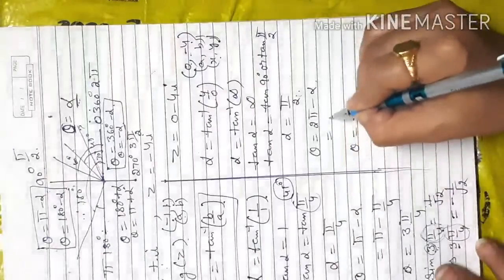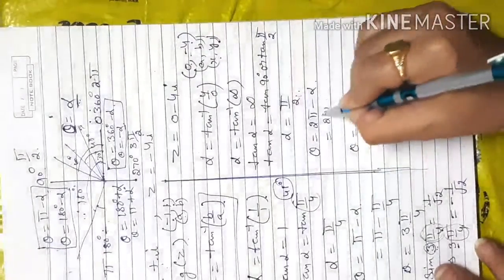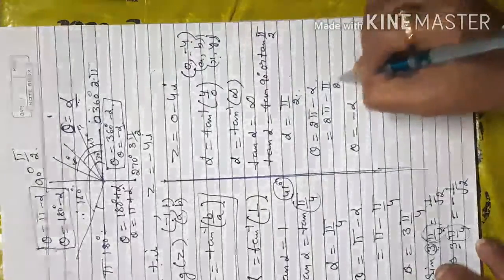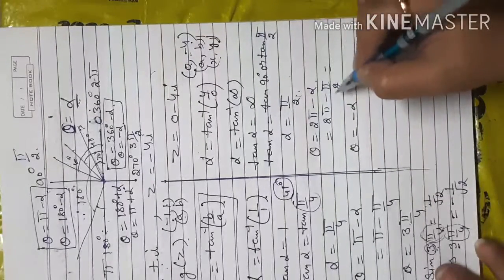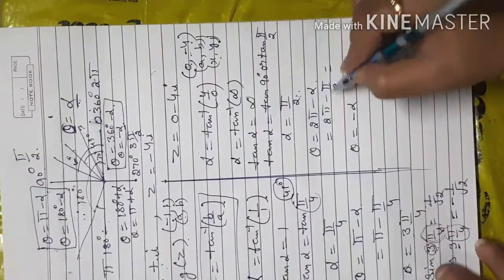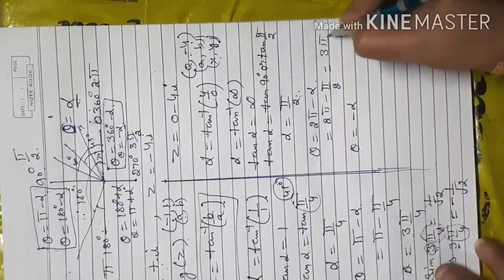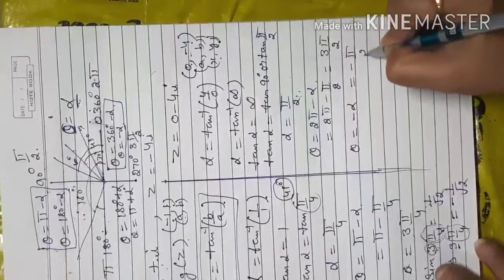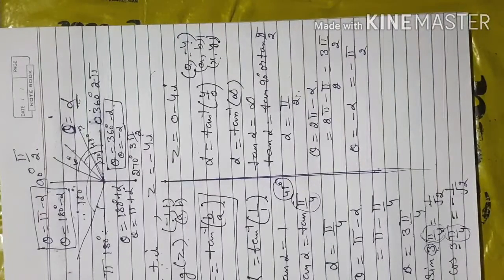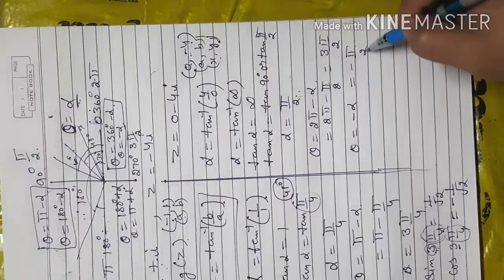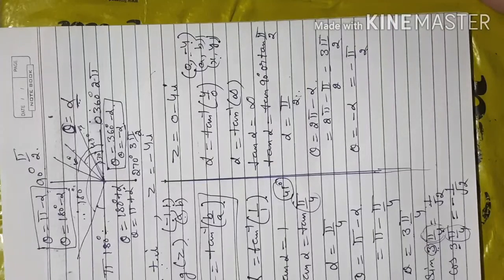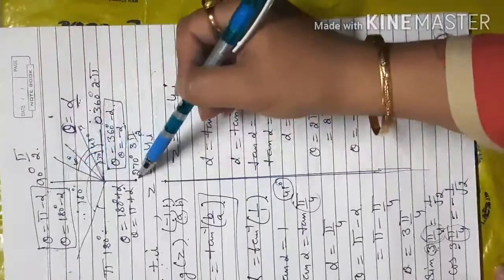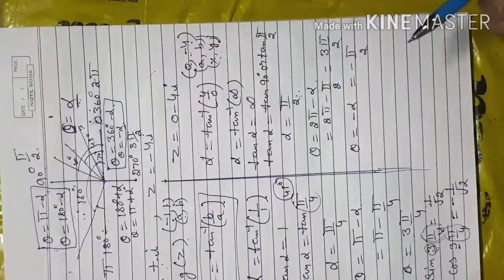If I go with 2 pi minus pi by 2, after calculating the LCM, 4 pi minus pi gives me 3 pi by 2. Or I can write minus pi by 2, both are the same. So I can apply either angle in my polar form, minus pi by 2 or 3 pi by 2. If you look at the quadrant, the opposite of pi by 2 is minus pi by 2.